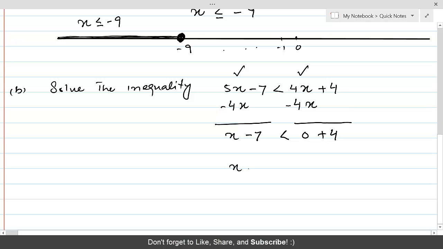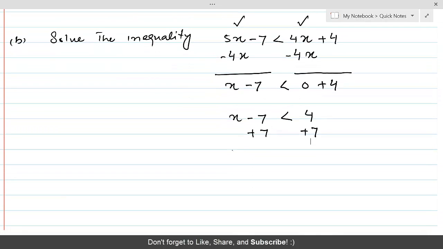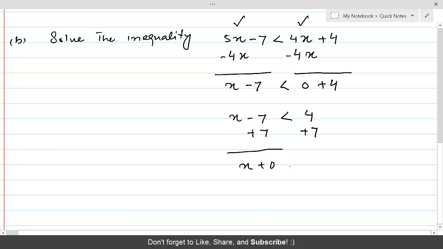Next is x minus 7 is less than or equal to 4, because 0 is the additive identity and when added to 4 doesn't change it. Now what we want to get rid of is minus 7, and by adding plus 7, the additive inverse of minus 7, on both sides, that will give us x alone on the left side. So we got x plus 0 less than or equal to 4 plus 7, which is 11, and we have the solution x less than or equal to 11.